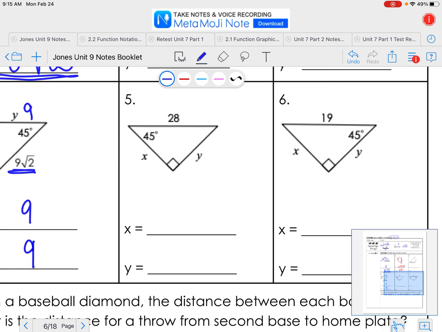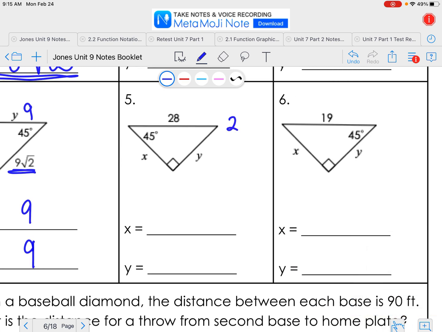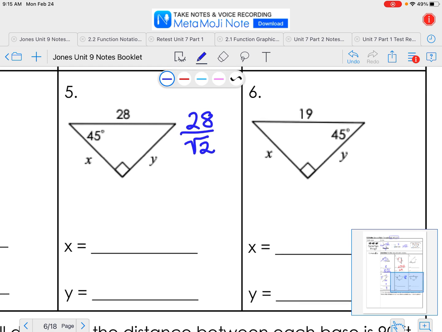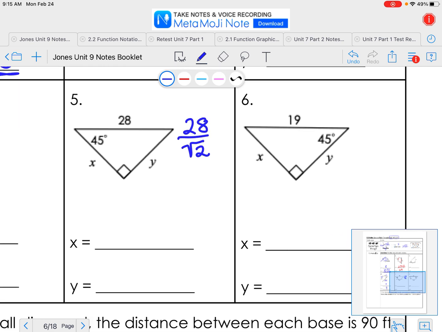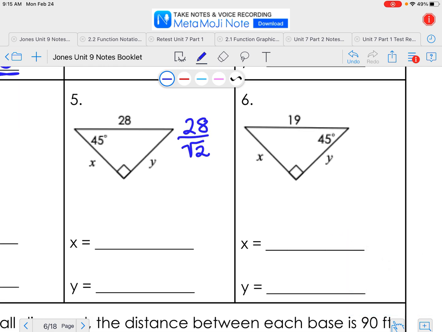Now this one, I know the hypotenuse, so I need to divide out the square root of 2 to get the legs. But what we learned last week is that we don't want to leave a radical in the denominator or a fraction in order for it to be fully simplified. So we have to do what we call rationalizing the denominator, multiply it by itself.